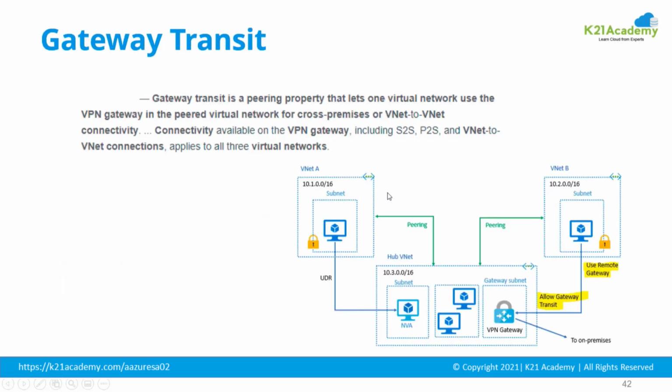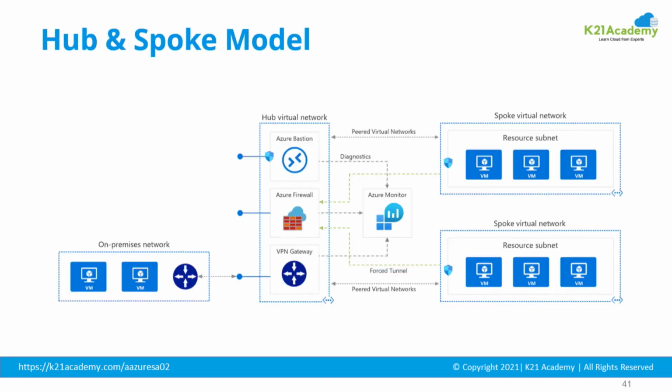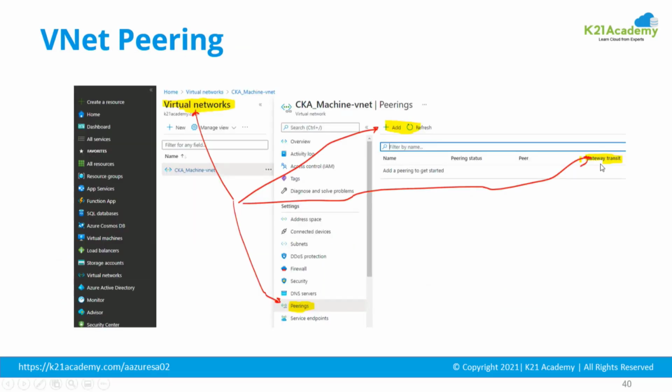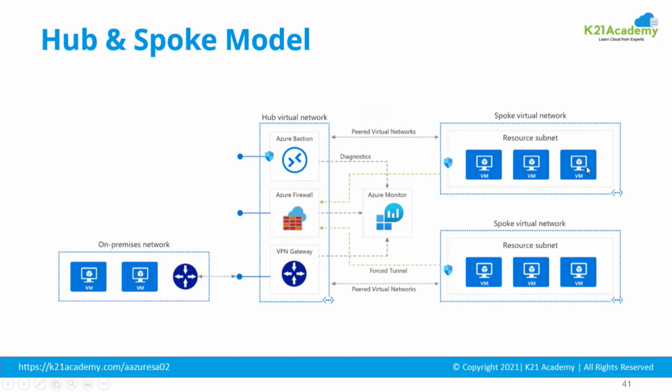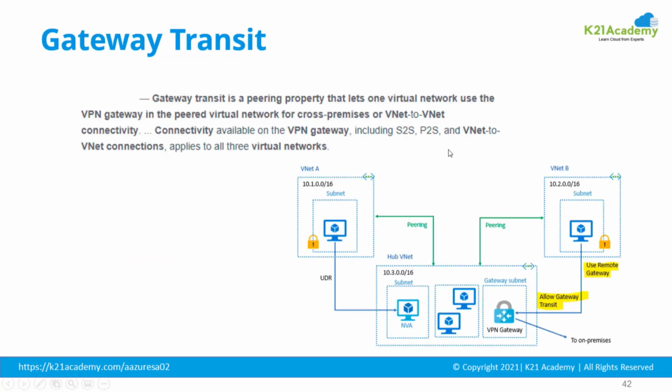Now, in order to achieve that, there is a property that you set, which we saw when we were configuring gateway transit. When you're defining it, you will say, oh yes, I want gateway transit. In that scenario, if I set gateway transit between these two VNets, this VNet hub and VNet B, then any machine on-premise can talk to VNet B through this gateway transit because we have allowed it.